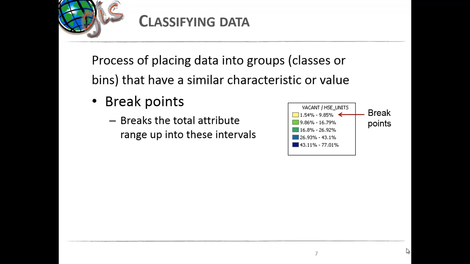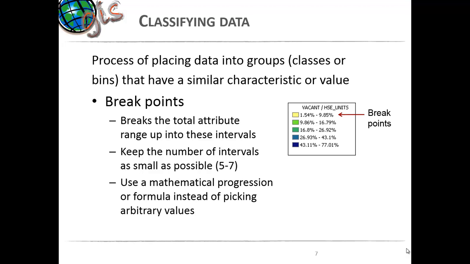You take all the counties and break them into these 5 different intervals, and you use some kind of mathematical progression or formula instead of picking random numbers.